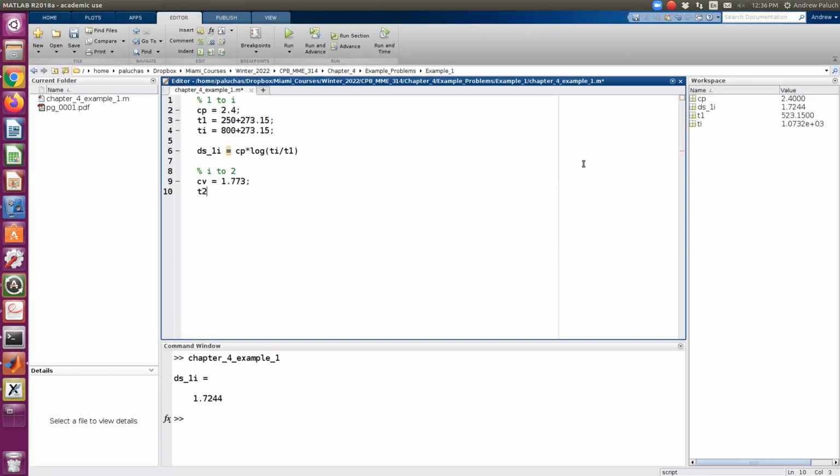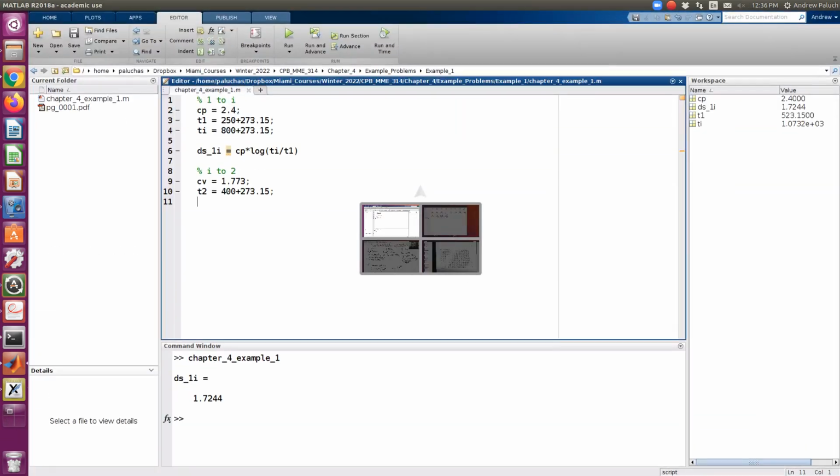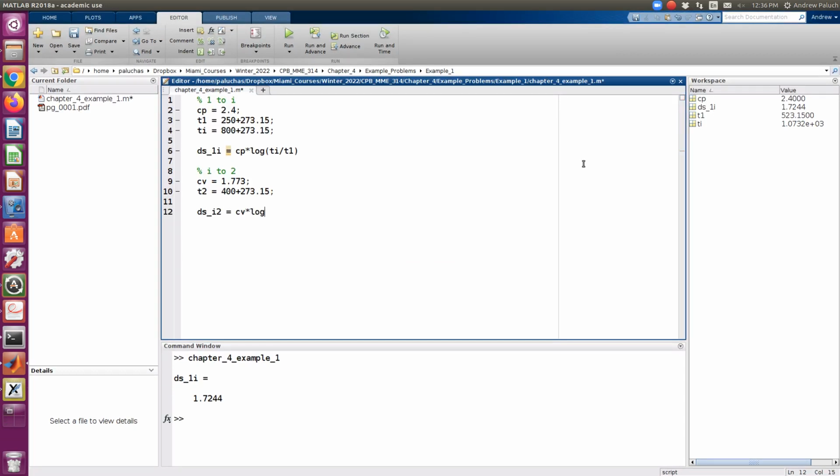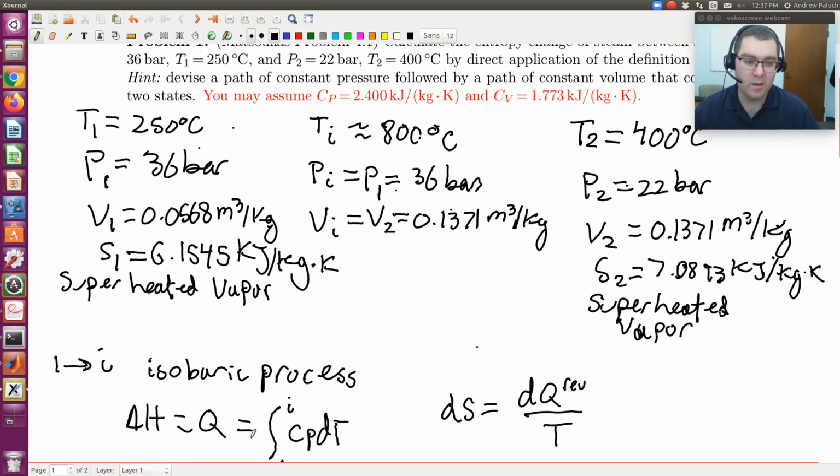T2 is equal to 400, and we convert from Celsius to Kelvin, so I add 273.15. Ti, my intermediate temperature, I already have up top. So ds I2 is equal to Cv times log of my final state 2 divided by Ti. So the change in entropy for the second process is negative 0.8269.